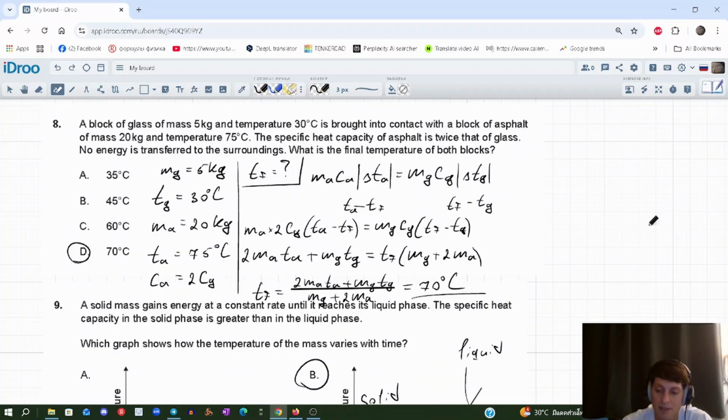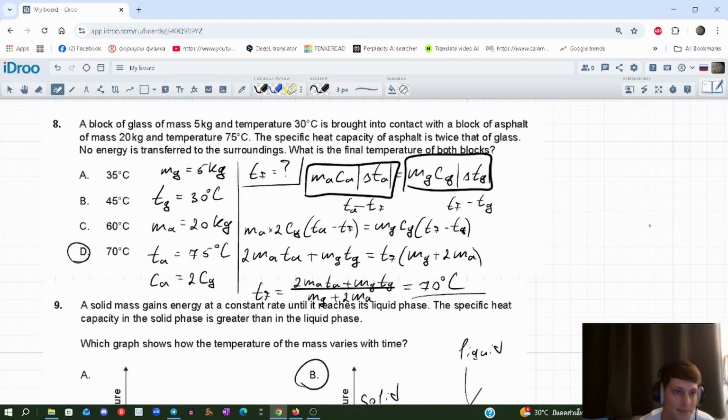Typical thermal equilibrium problem. Here we will say that the heat that asphalt gives to the glass equals the heat that glass gets from the asphalt. So Ma, this is the mass of asphalt. Ca, this is the specific heat capacity of asphalt.